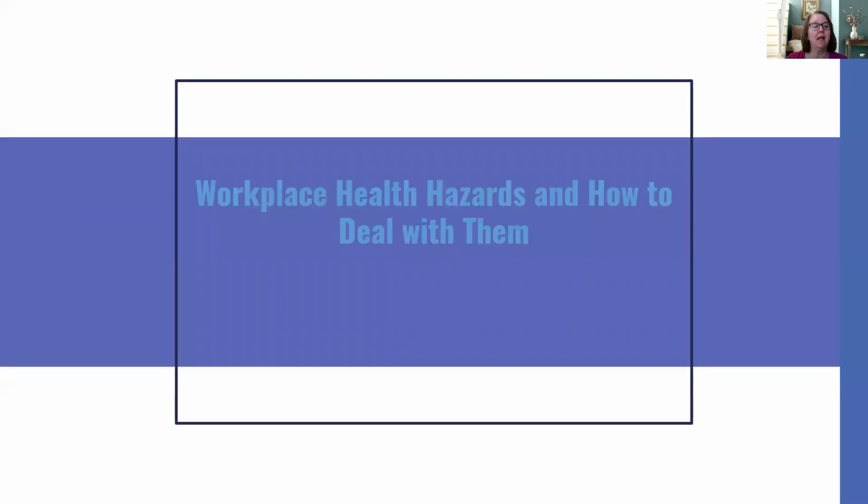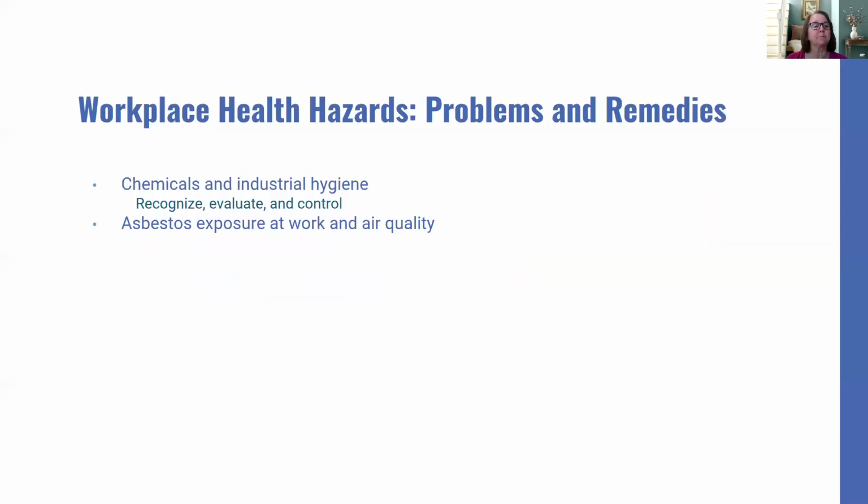So workplace health hazards and how do you deal with them? This now is dealing with chemicals, industrial hygiene, and air quality. So many workplace hazards aren't obvious. This is not like unguarded equipment or slippery floors. Many of these hazards are unseen.